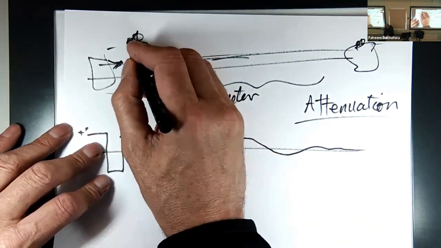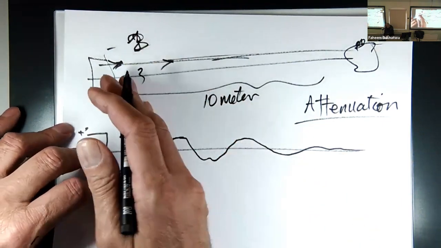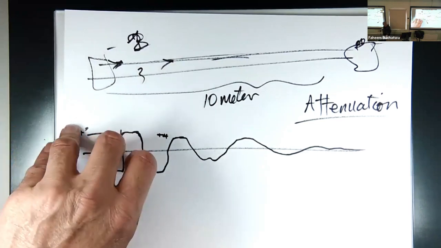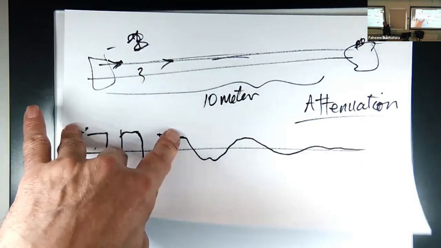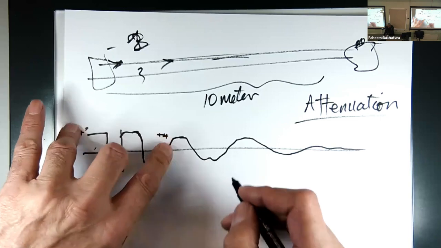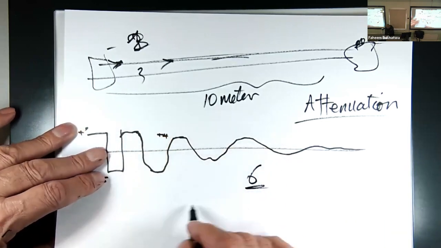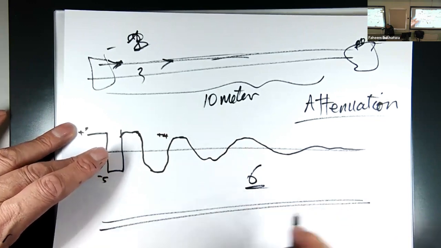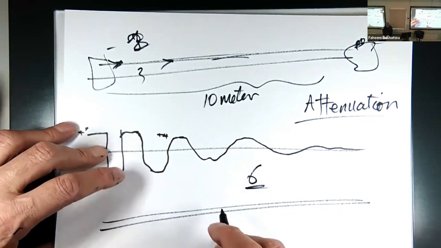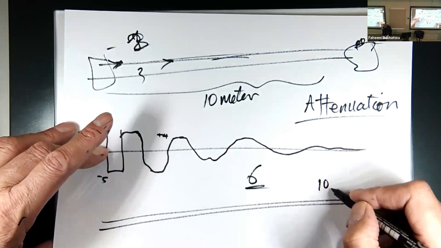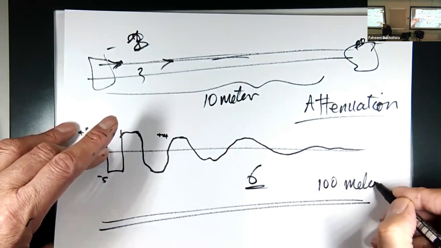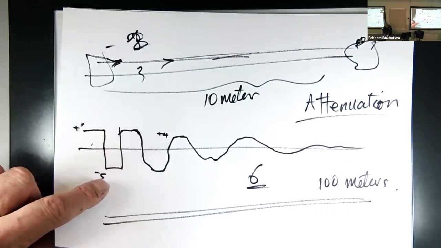Class 1, class 2, 3, 4, and they kept improving it over the years. Every decade or so, they produced a better wire. Right now, they have class 6, and twisted pair now has the range, or the attenuation, of 100 meters. That's what you buy in the shop today.